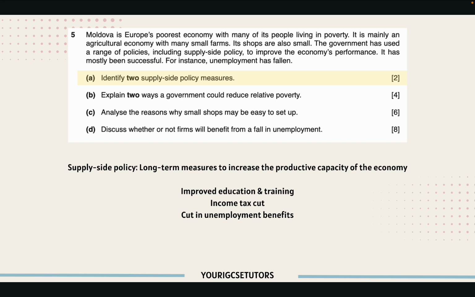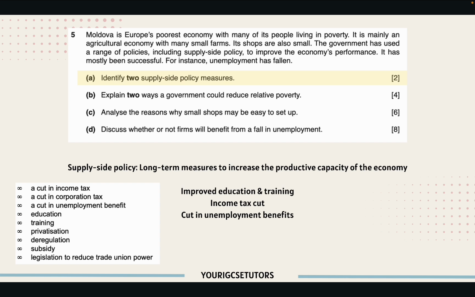Examples could include the government improving the quality of education and training, or cutting income tax or reducing unemployment benefits, as it would encourage more people to work and allows the economy's productive capacity to increase over time. And here's some more examples taken from the mark scheme, and you can write any of these supply side policy measures.